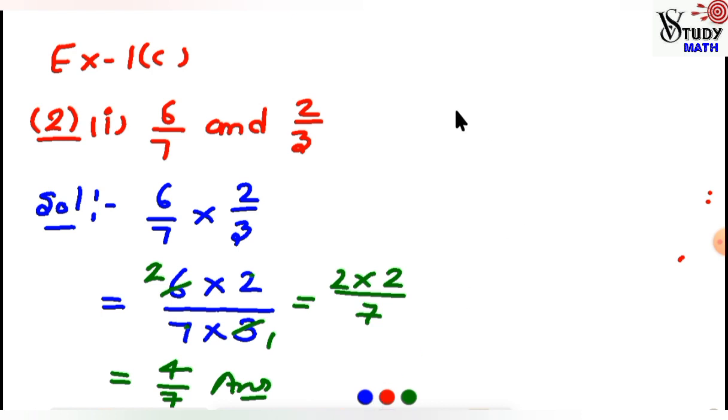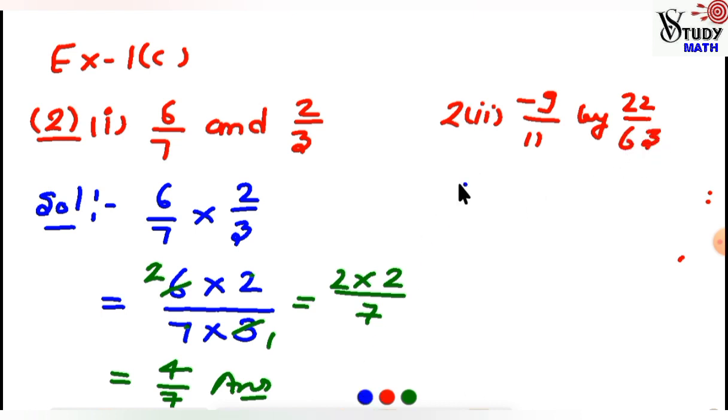Now move to the second part of question number 2, and in the second part given is negative 9 upon 11 multiplied by 22 upon 63. So how can we multiply them? Again we have to think what our strategy is. Step by step strategy we are going to apply.